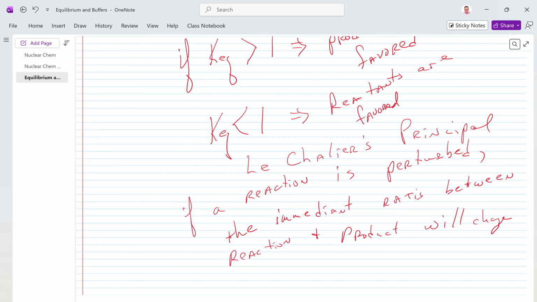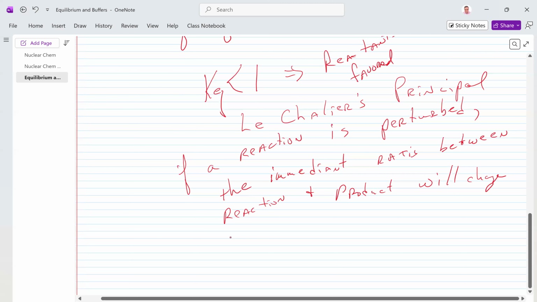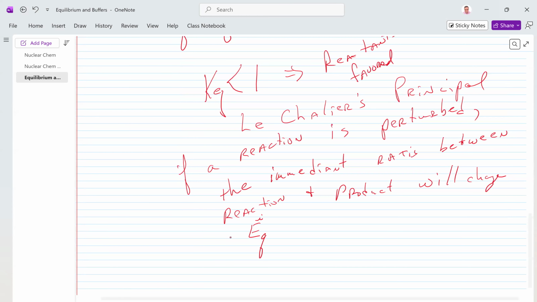So in other words, KEQ initial is going to be different than KEQ final.